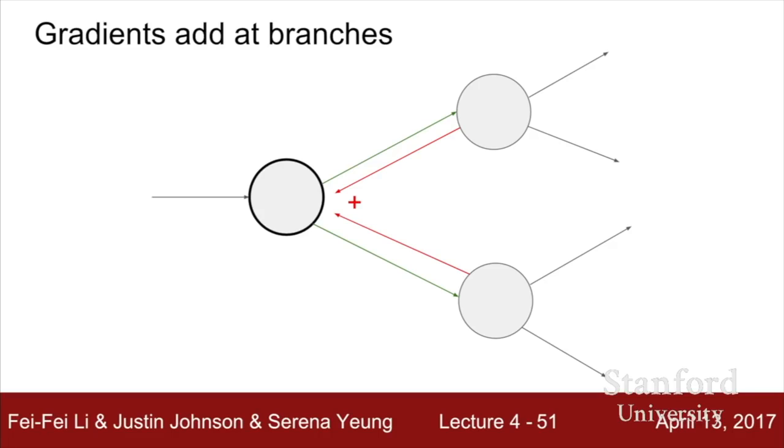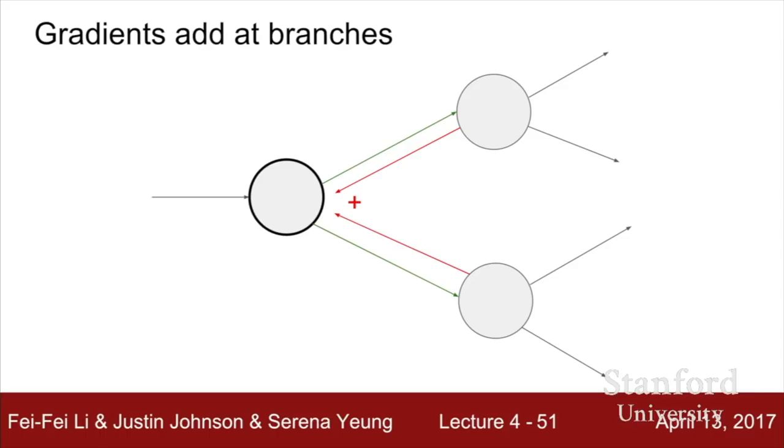One other thing to note is that when we have a place where one node is connected to multiple nodes, the gradients add up at this node. At these branches, using the multivariate chain rule, we're just going to take the value of the upstream gradient coming back from each of these nodes, and we'll add these together to get the total upstream gradient that's flowing back into this node. You can see this from the multivariate chain rule.